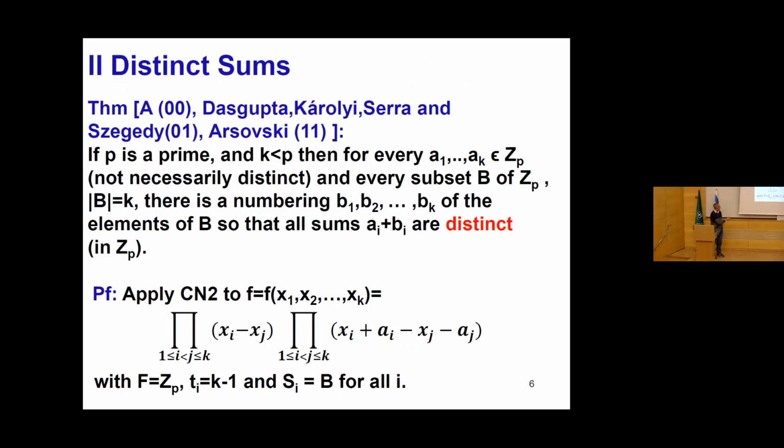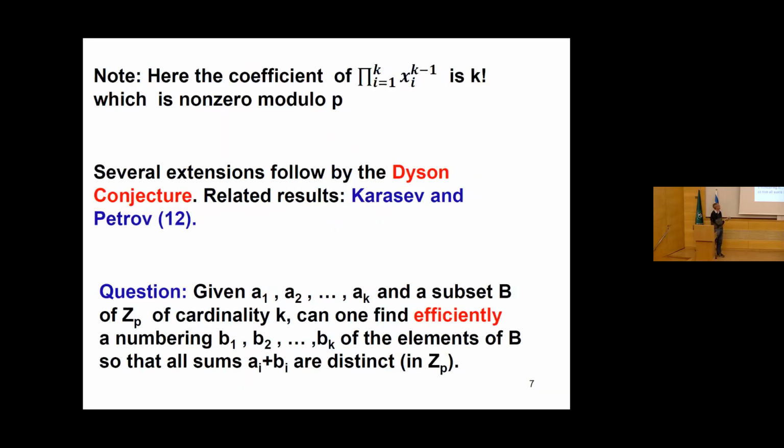For the coefficient of highest degree, you cannot use any of the ai's or aj's, so it will just be the square of the Vandermonde. And if you expand it and write it as a sum of k factorial terms, then you will see that the coefficient we care about is exactly k factorial, and because k is less than p, and p is a prime, this is non-zero in the field Zp, and this gives what's needed.